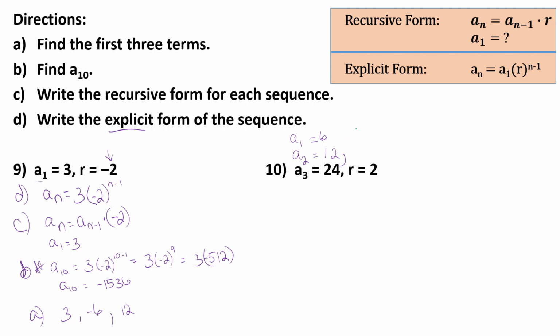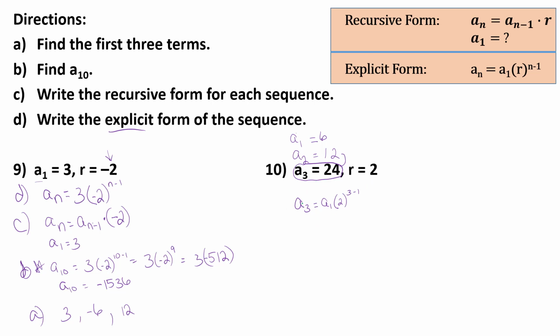But I want to give you a slightly modified version so that you can use it anytime you need it. That modified version is to take your a sub 3 value and plug it into your explicit formula. So a sub 3 is equal to a sub 1 times my rate raised to the n minus 1 power. Well, we just said n was 3. Now I'm going to do 2 more things in my next step.